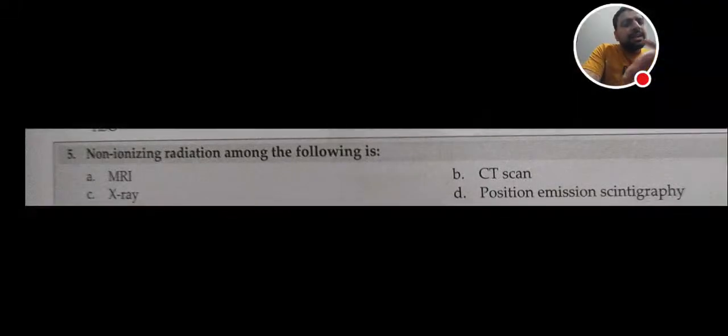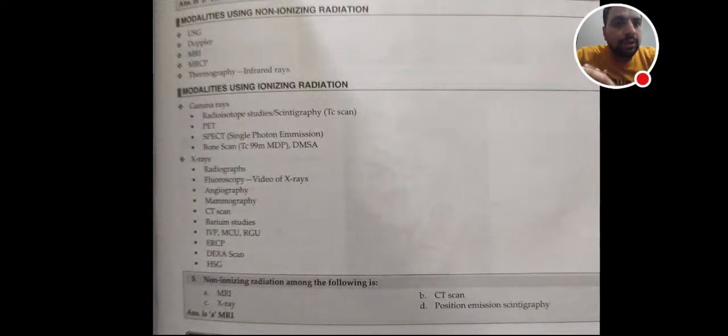Yes, MRI is absolutely safe in pregnancy. Even sonography is safe, and MRCP is safe. So you have to remember non-ionizing radiations like USG, Doppler, MRI, MRCP, thermography, infrared. Except for these, all are ionizing radiation. Non-ionizing is this only.